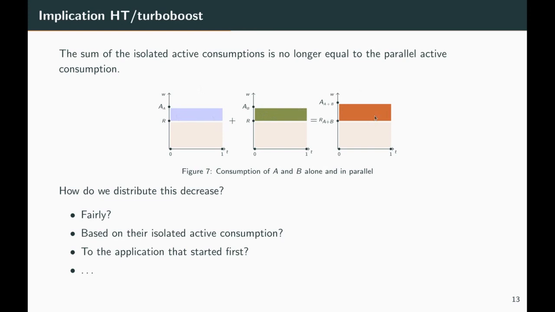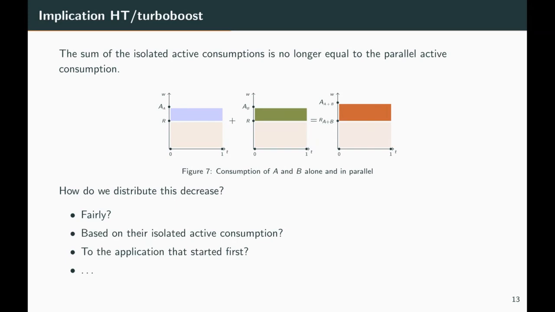So for example, if you run the blue application alone, you take the energy consumption; you take the green application alone, you take the energy consumption; and then on the other hand, you execute both applications at the same time. Actually, running both at the same time will result in less energy consumption.